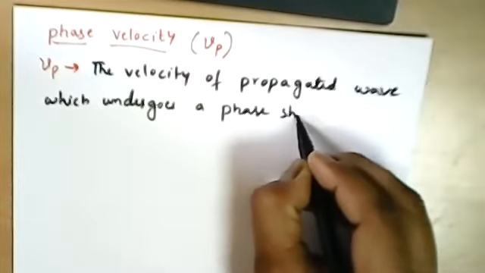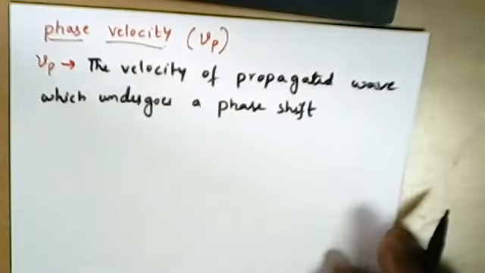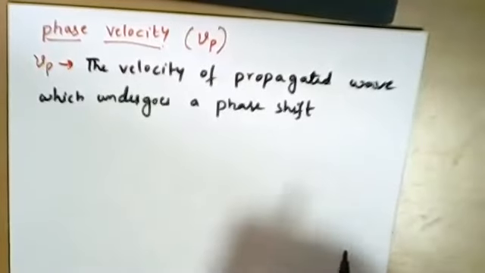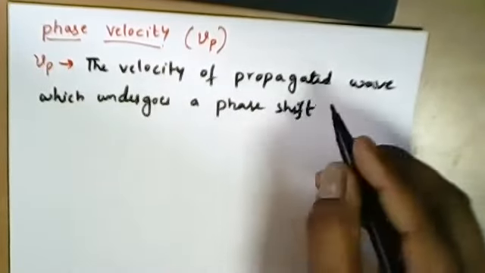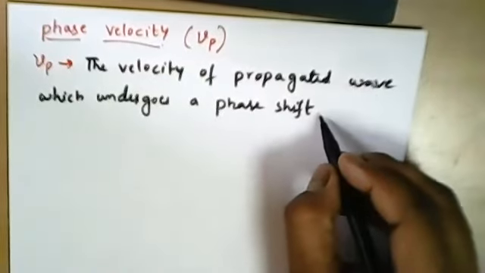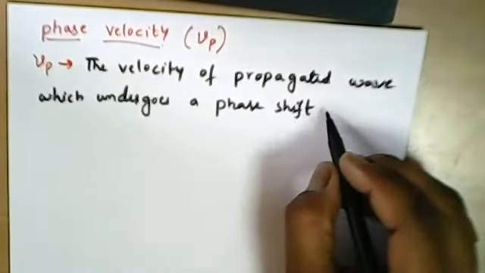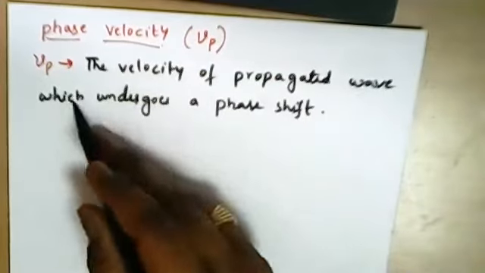It is not restricted to certain 90 degrees or 180, something like that. Whatever it might be, there will be some phase shift with respect to the input signal. Such a signal which is propagating through the rectangular waveguide is termed the phase velocity. So this is the definition.